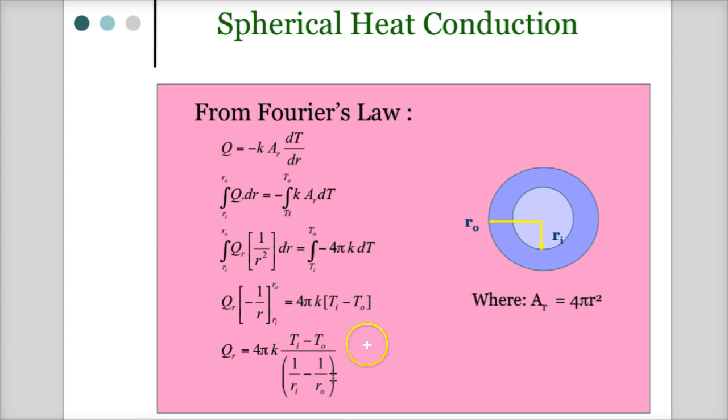All right. So it's not hard. Sometimes people do memorize this, but if you remember Fourier's law and you know how to find the area value, you just have to understand how to derive it, remember Fourier's law, and integrate it properly.